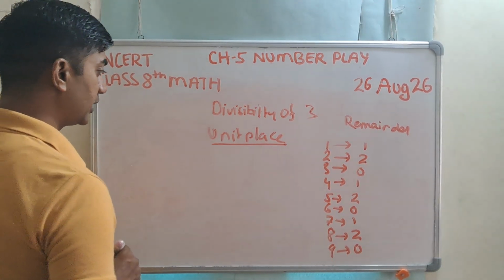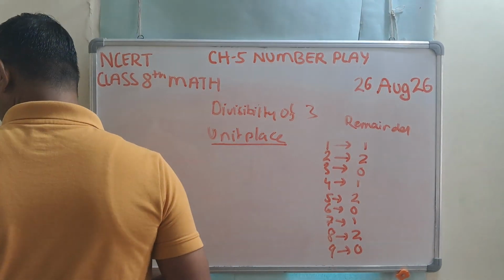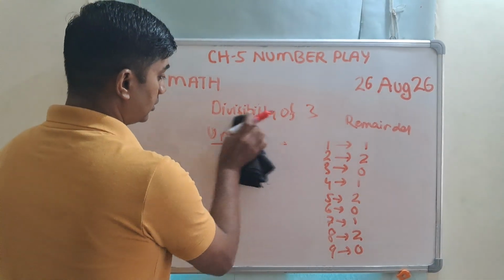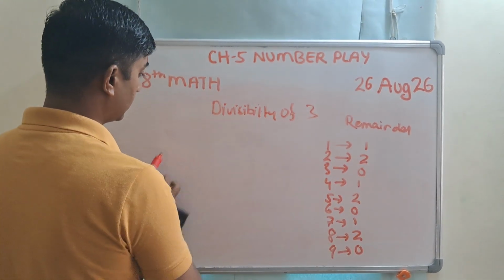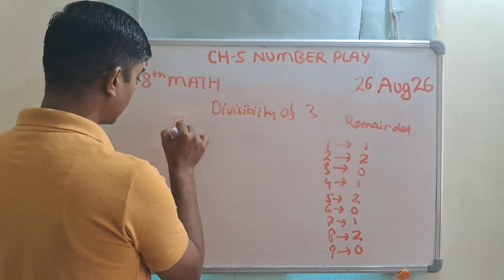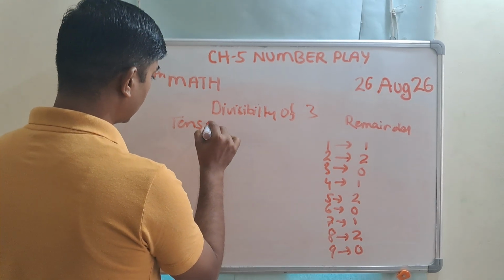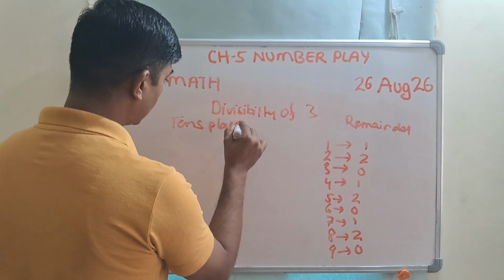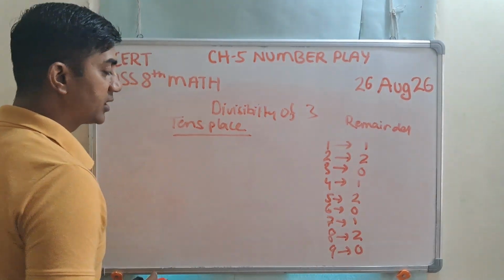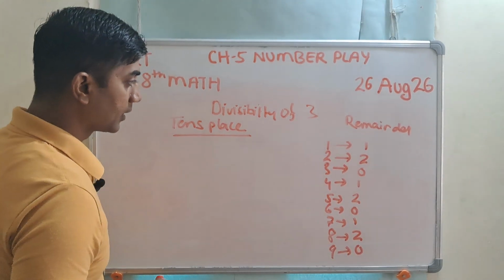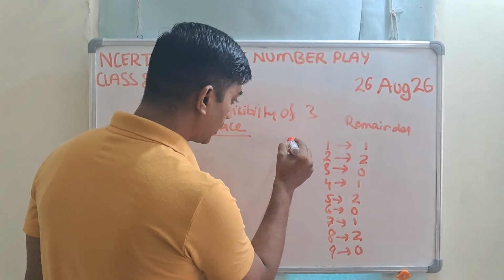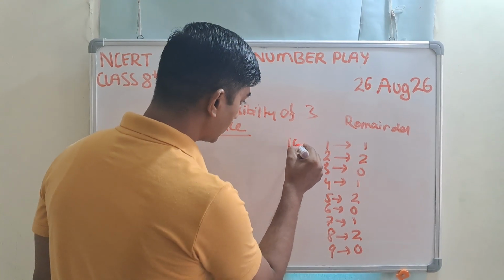Now we will check this for tens place. When you check this for tens place, what you will observe? This number will be our 10.